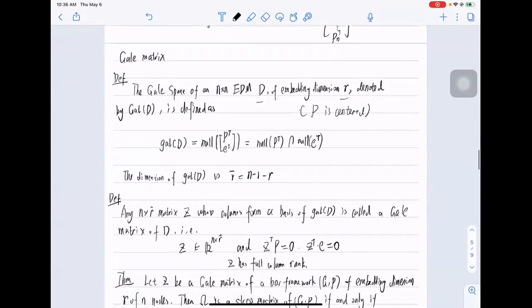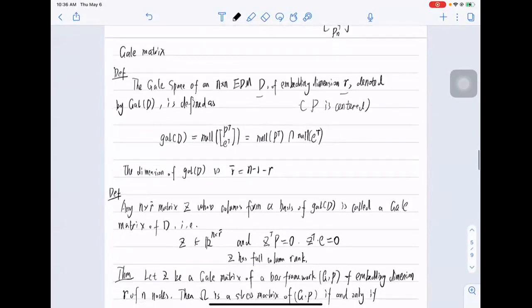This is defined as the null space of the configuration matrix P transpose and E transpose, where E is the vector of all ones.